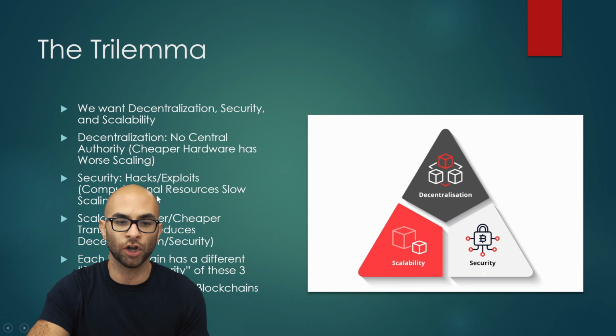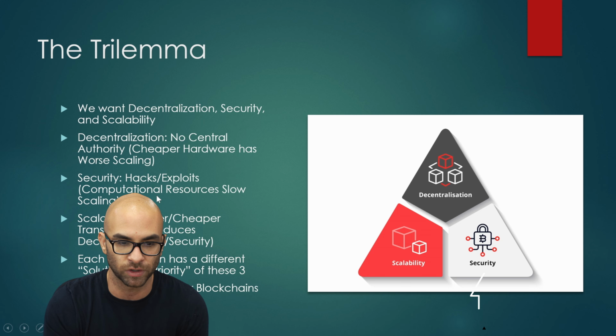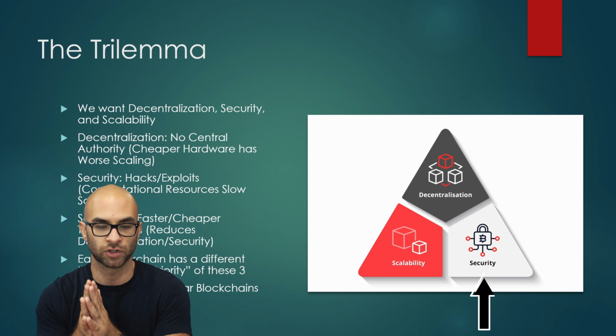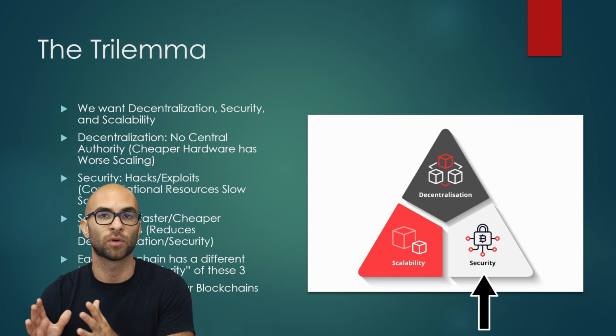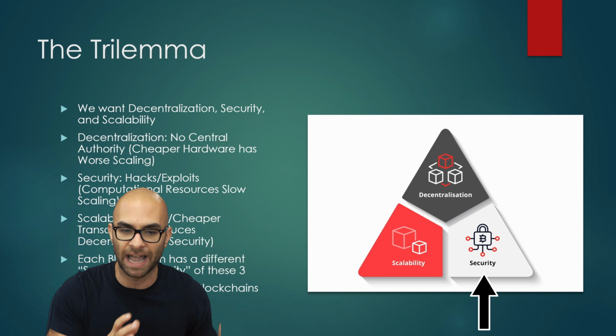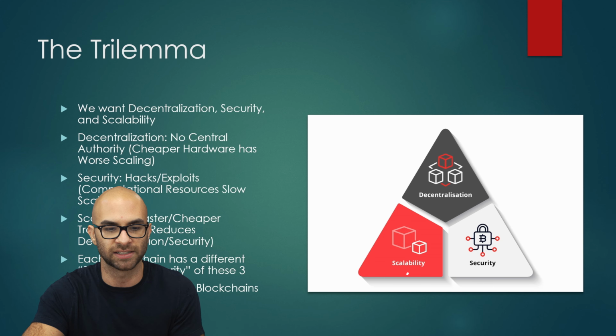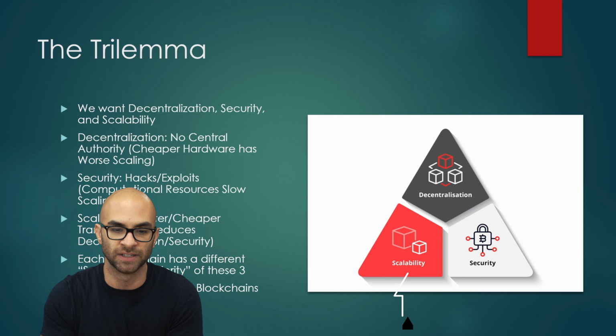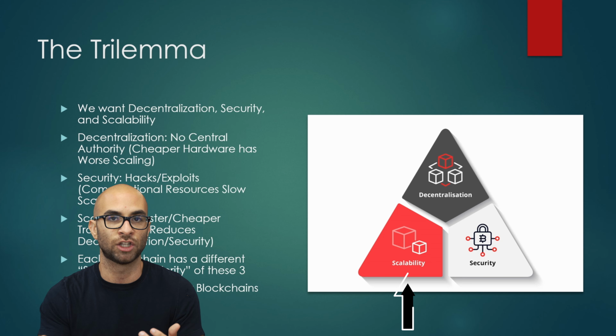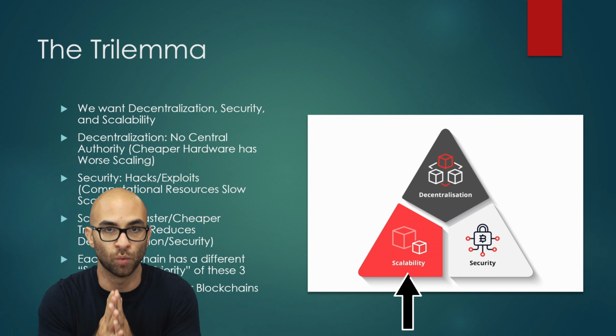Now, when we look at security, it costs a lot of computational resources to make sure things are secure. So if you focus too much on security, now all of a sudden the process of the blockchain can slow down a lot. You then have the third process, which is scalability, which is trying to get those faster and cheaper transactions. But once again, the faster you try going, the more expensive the computers, or the less computational power you want to use.